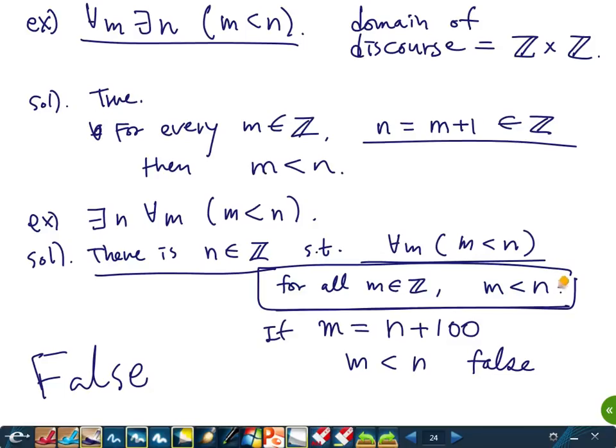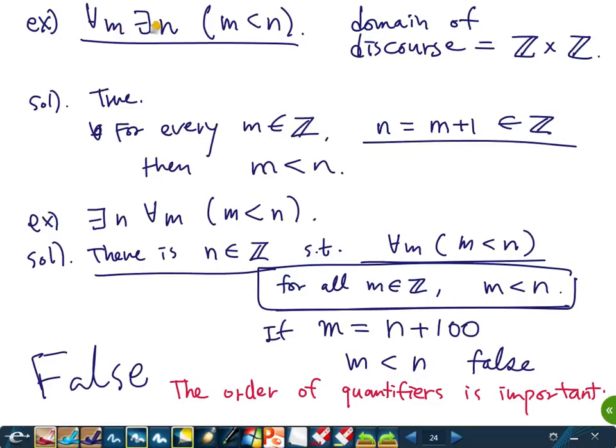Is this okay? So it is very important that the order of the nested quantifiers does matter. The order of quantifiers is important. You cannot change the order of this, because if you change this, the proposition can be different.